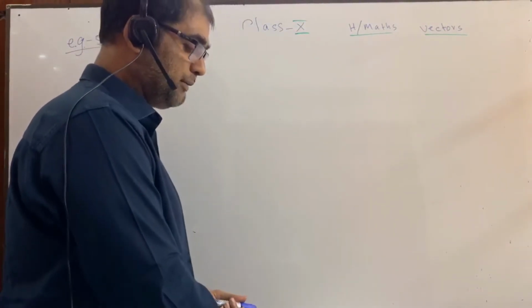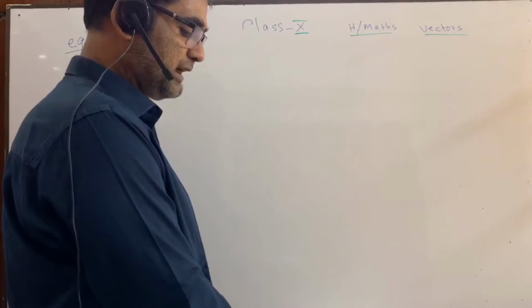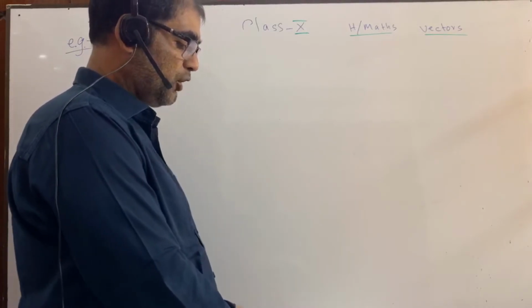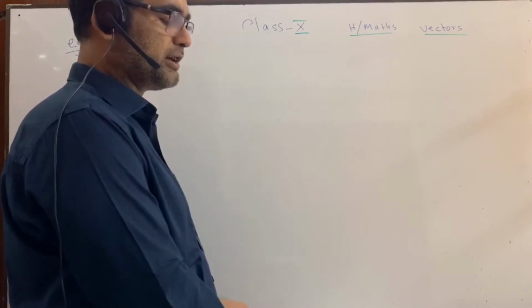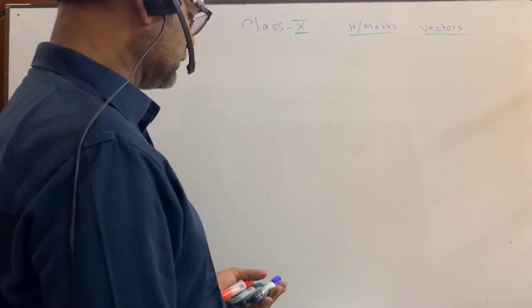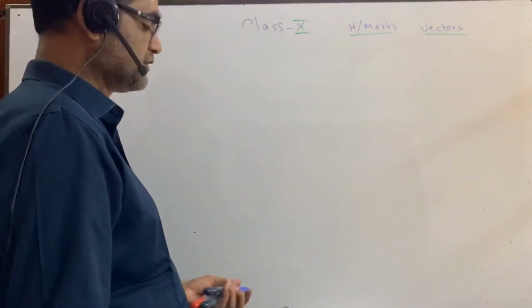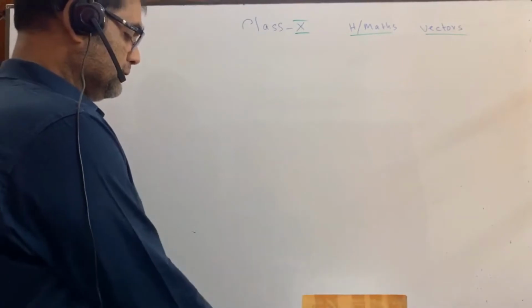You have to prove by vector method that the straight lines joining the midpoints of the adjacent sides of a quadrilateral form a parallelogram. You see how to do it.